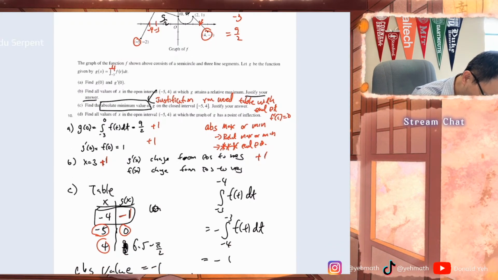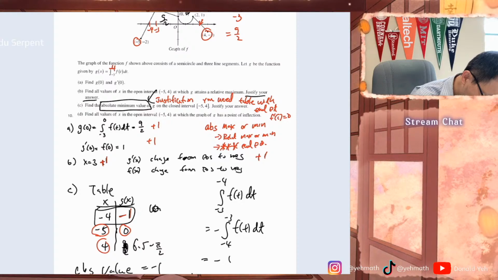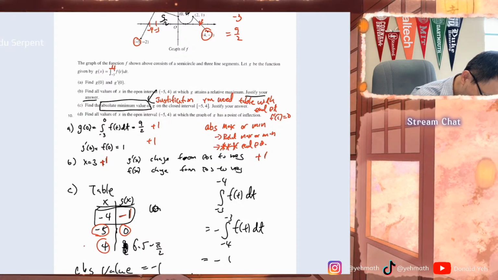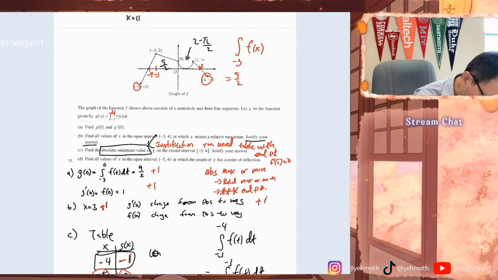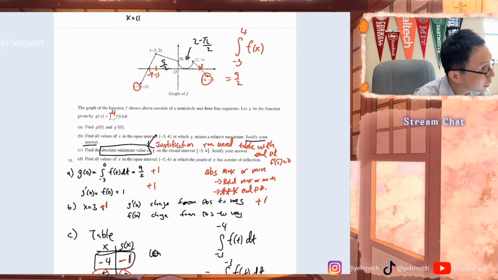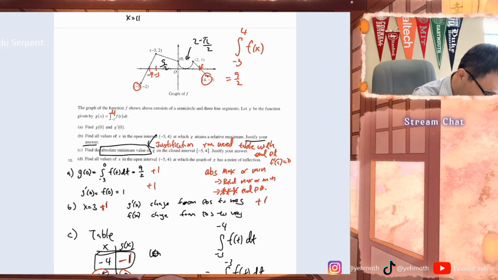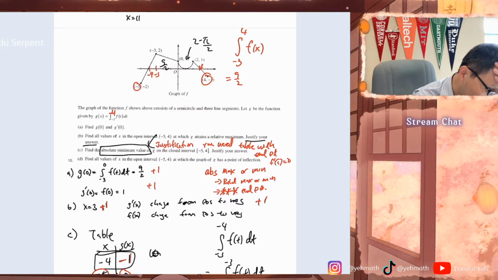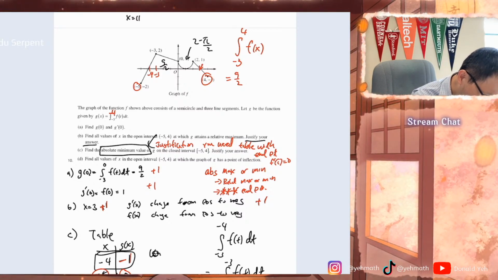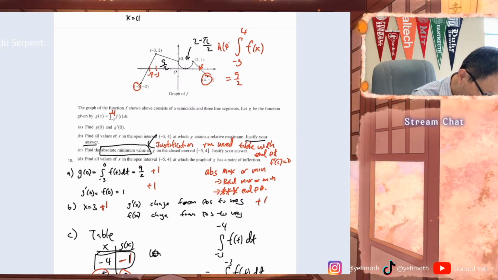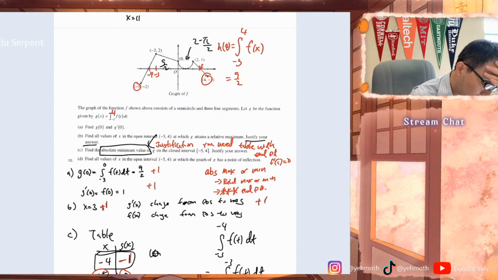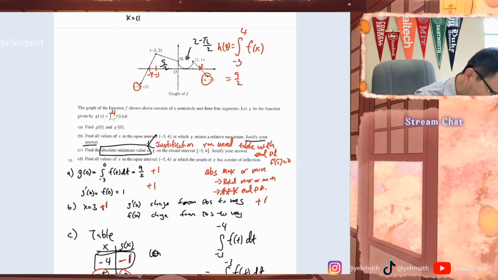Because I said you have to check the endpoints. Wait, did I count wrong? 4. You're right, it's 4. Is that okay? Because you want to figure out what h of 4 is. So it's going to be 9/2.